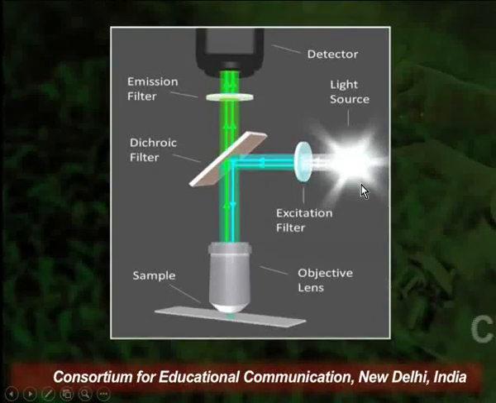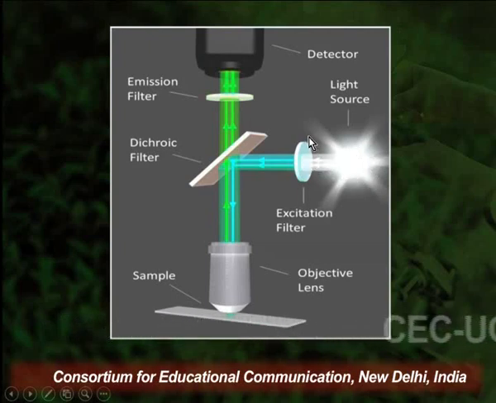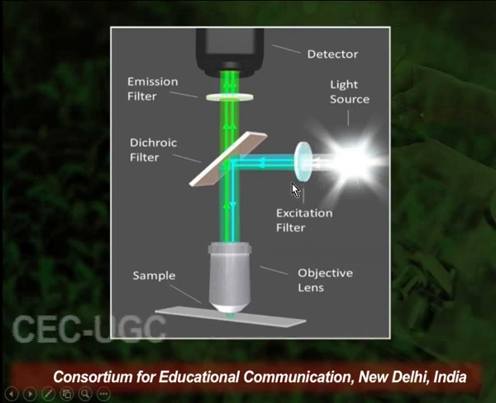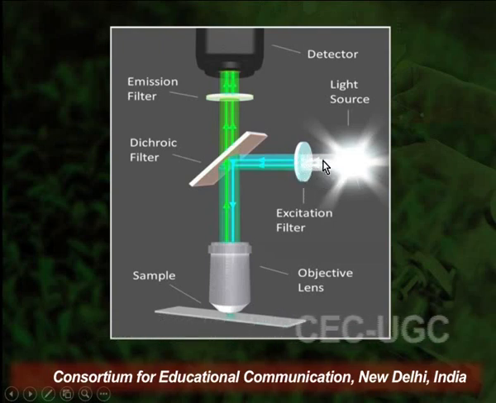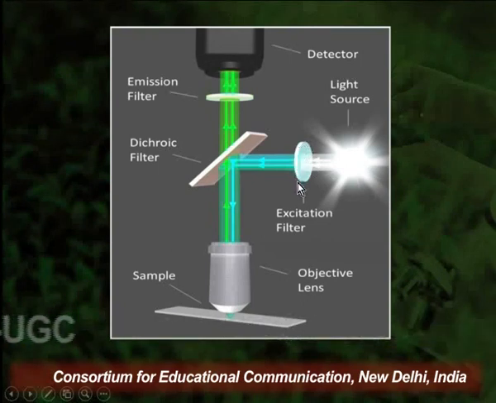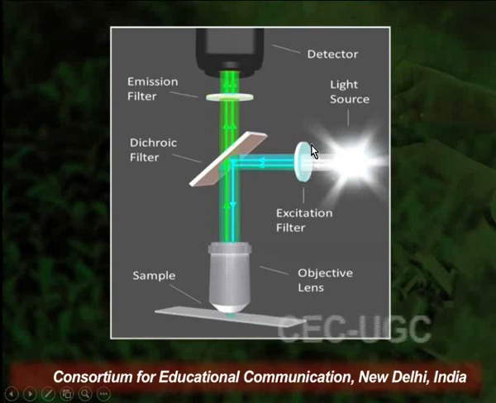Here we can see that there is a light source. This light source emits light and it is passed through the excitation filter. The excitation filter does not allow any other light to pass through it except the light of excitation spectrum or illumination spectrum.